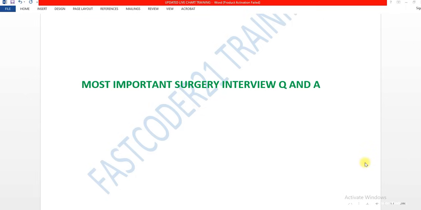Fusion will stop the movement of the joint. By limiting the movement of the joint, the patient will get less pain. In order to reduce the pain, the patient will undergo the fusion. What are the steps you will follow for arthrodesis?